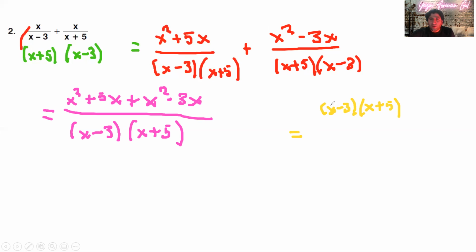Okay, so I'm going to say x times x and x times 5, negative 3 times x, negative 3 times 5. That's how we do it. Okay, so x times x will be x squared, x times 5 will be plus 5x. Negative 3 times x will be negative 3x. Negative 3 times 5 will be negative 15.